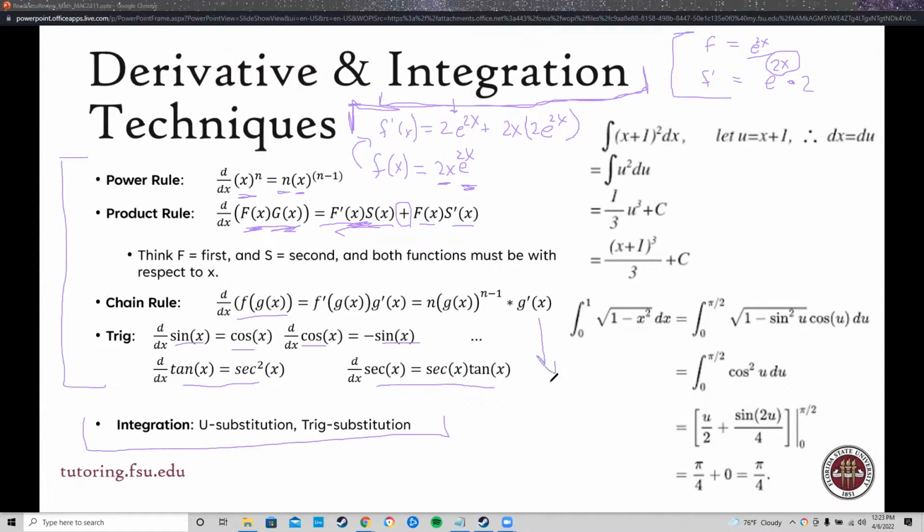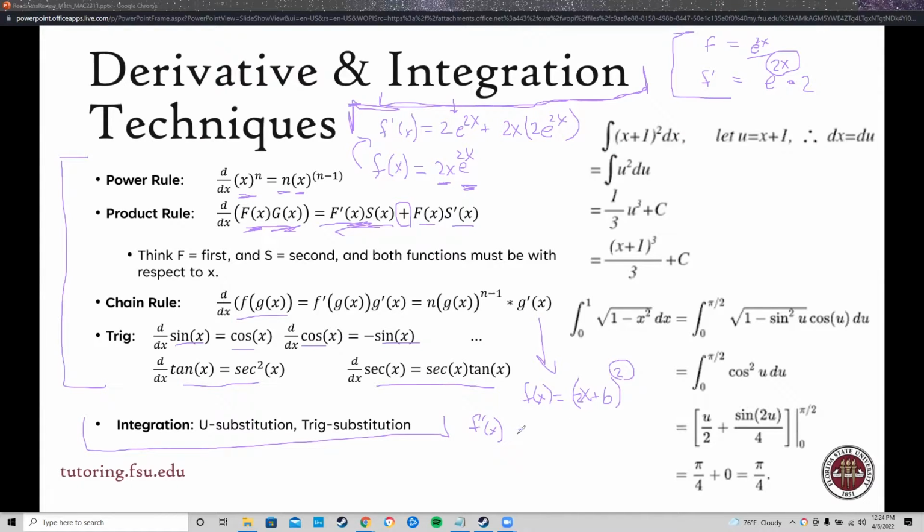So let's look at a few examples of chain rule real quick. If I have a function f of x is equal to 2x plus 6 squared, when I take the derivative of this function, looking at chain rule, I take the exponent, bring it down in front and subtract by 1.